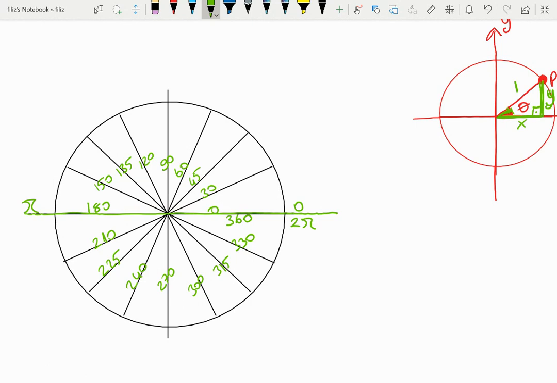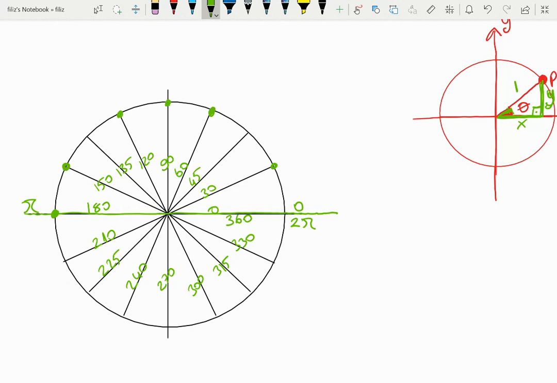Let's say I am dividing this whole half circle into 6 pieces. So when you divide into 6 equal pieces, it should be like that, right? 30, 60, 90, 120, 150, and 180. 6 pieces, equal, right?